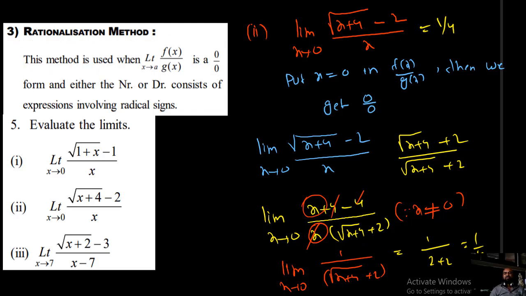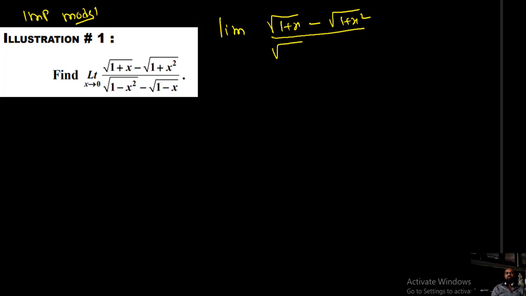Okay, in this way you can complete the remaining problems also. So another important model: limiting value of root over 1 plus x minus root over 1 plus x square by root over 1 minus x square minus root over 1 minus x, where x is tending to 0.